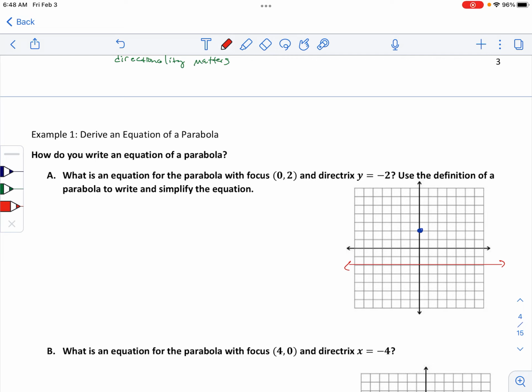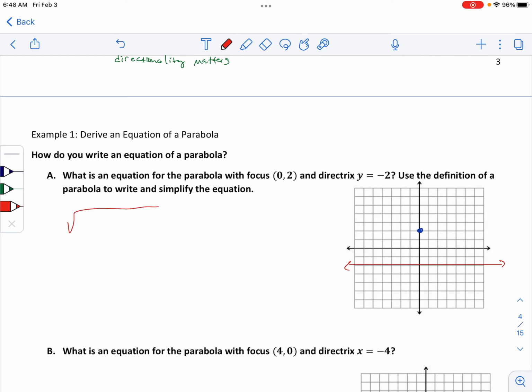So the distance formula, we know, is the square root of (x2 minus x1) squared plus (y2 minus y1) squared. Well, we know that they have to be equal between the two.